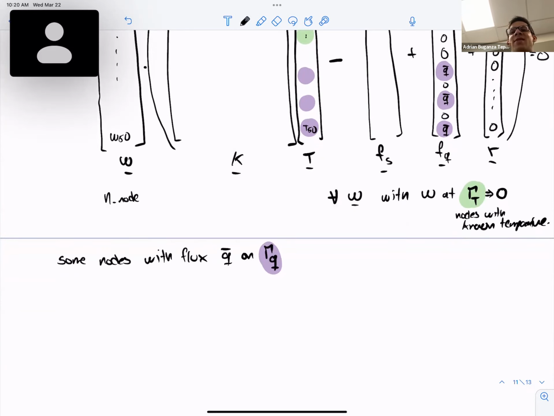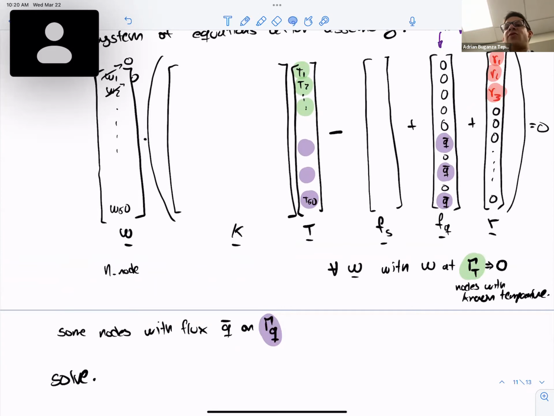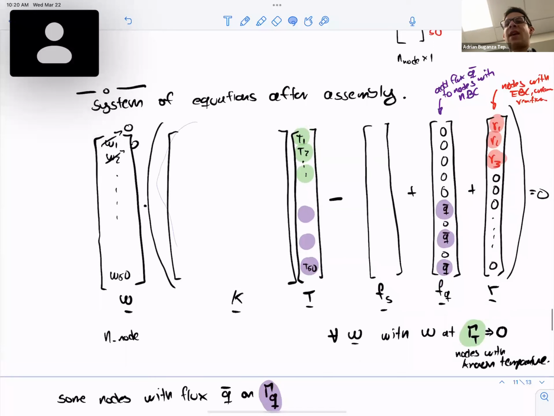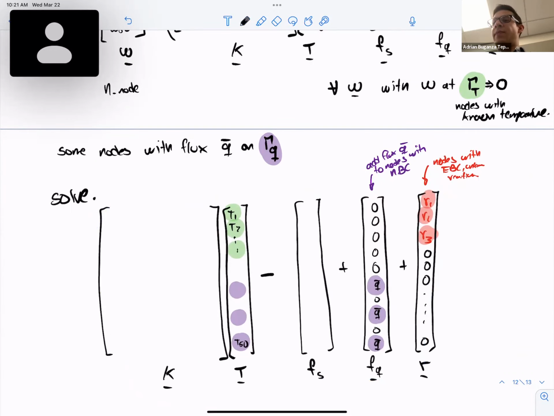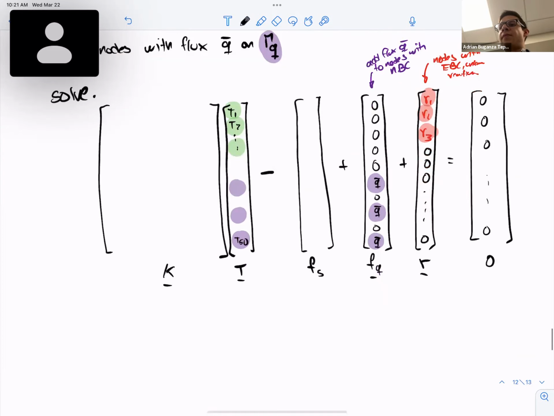So that's it. The solution is to solve this system. Because this has to be true for all W's, it doesn't matter what the W is. All you need is this. So all you need is to solve this system of equations for the vector T. Technically, you would say solve for T and solve for the reactions.